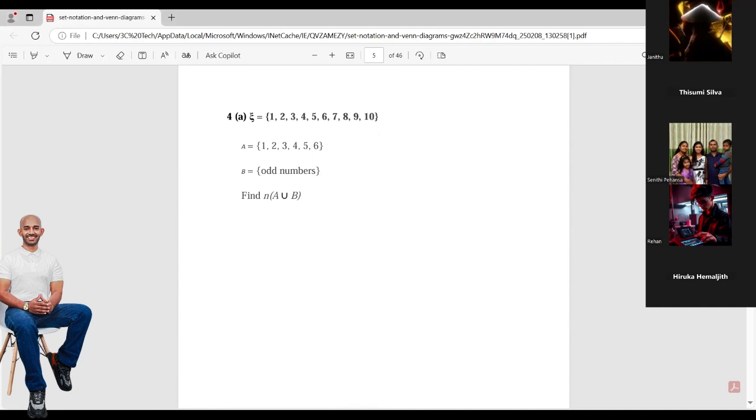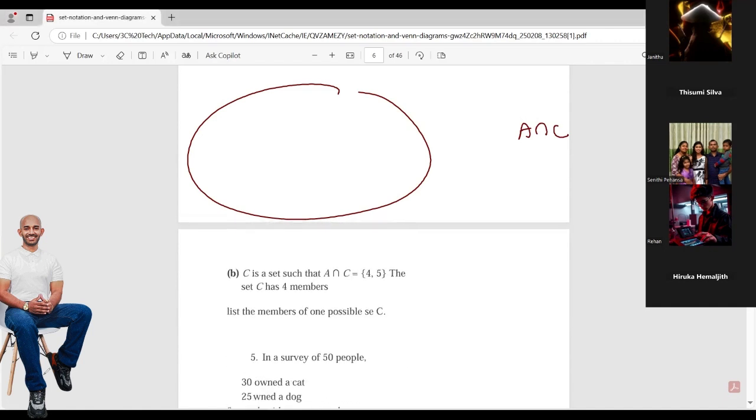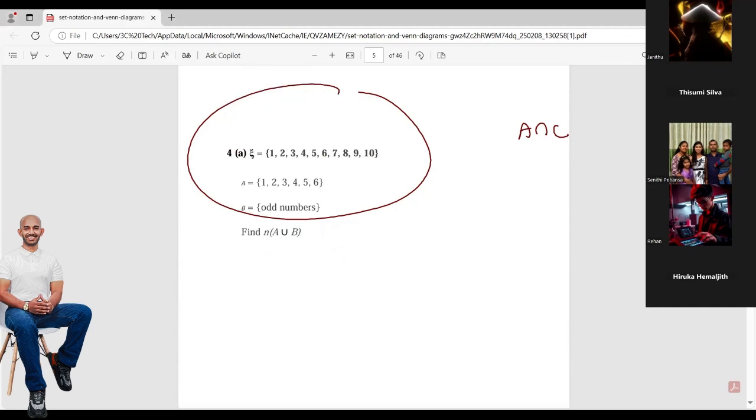Right, so here we are going to use this one. It says that A intersect C is given as {4, 5}, and C has 4 members.